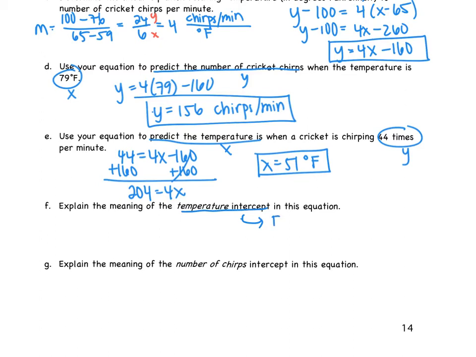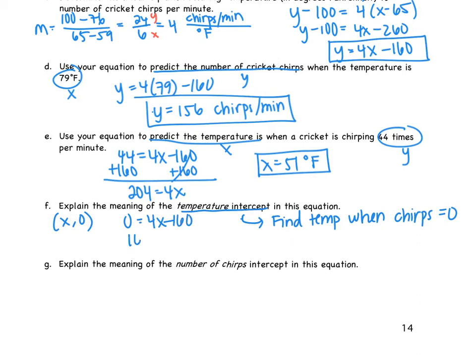So this is saying find temperature when the other variable, which is chirps, is equal to 0. Chirps is your y, so really we're finding x when y is 0. So using our equation, we plug in a 0 for y.